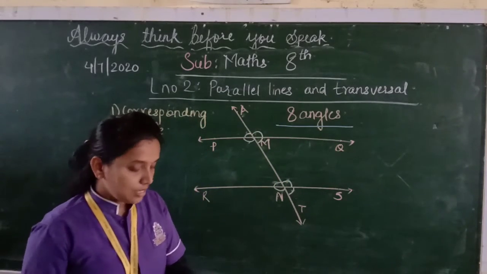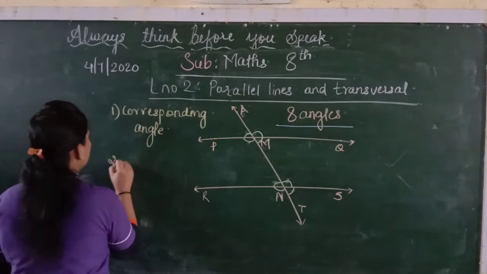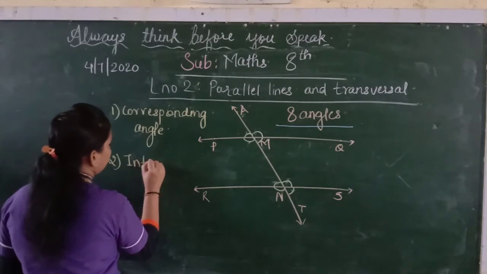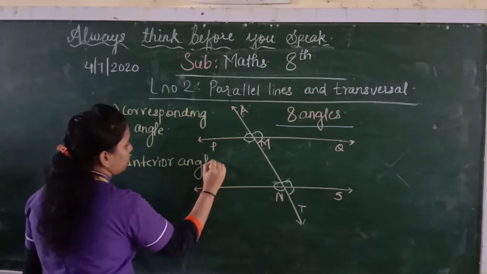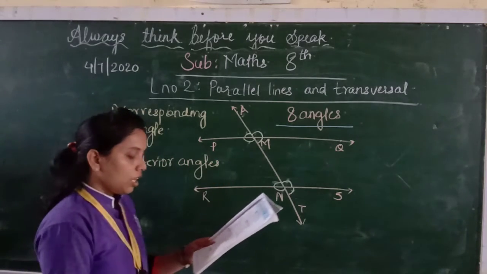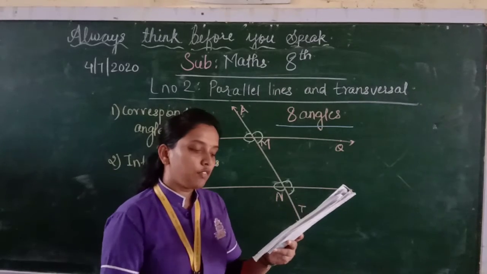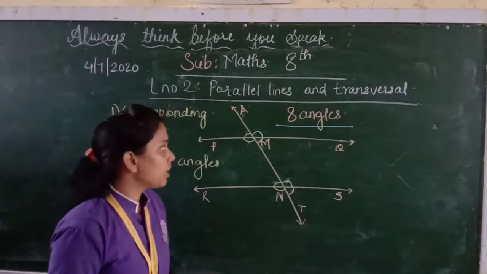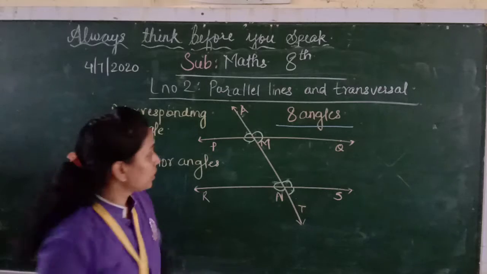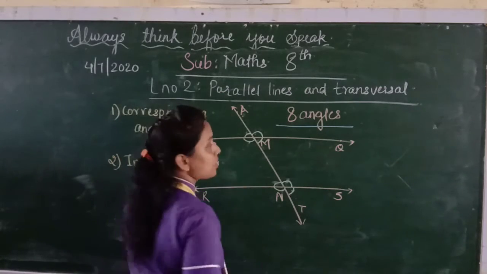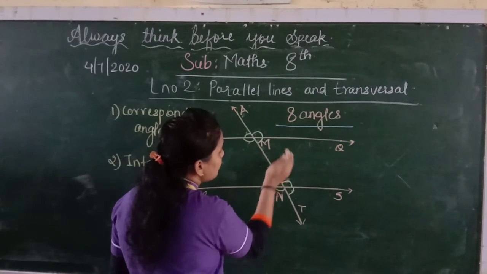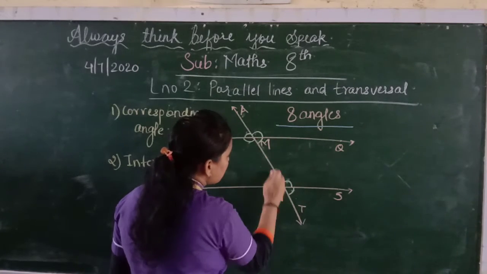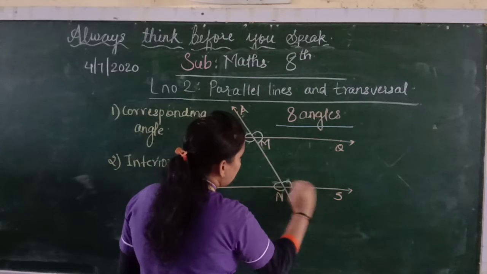Now next we will see interior angles. A pair of angles which are on the same side of the transversal and inside the given lines. See, this is the transversal, these two are parallel lines.